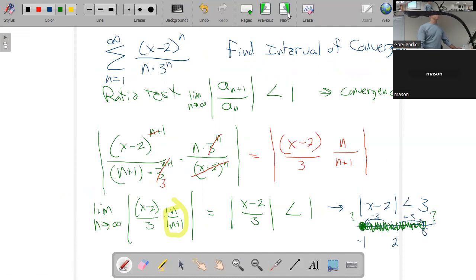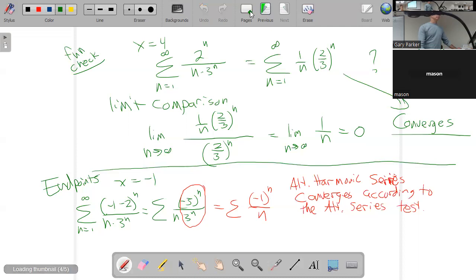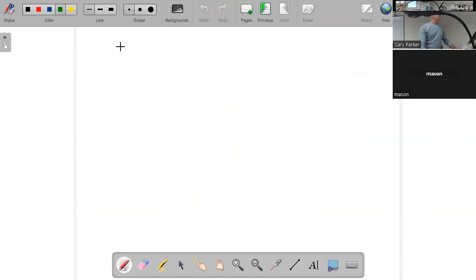What about at 5? What is the sum as n goes from 1 to infinity of (5 minus 2) to the n over n times 3 to the n? That's going to be the sum of 3 to the n over n times 3 to the n.